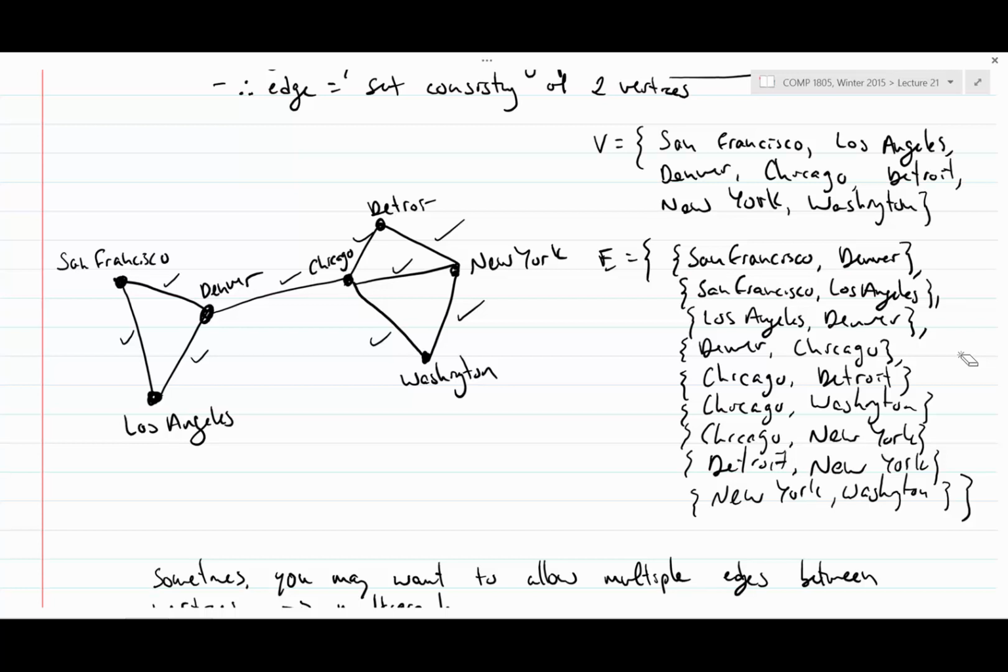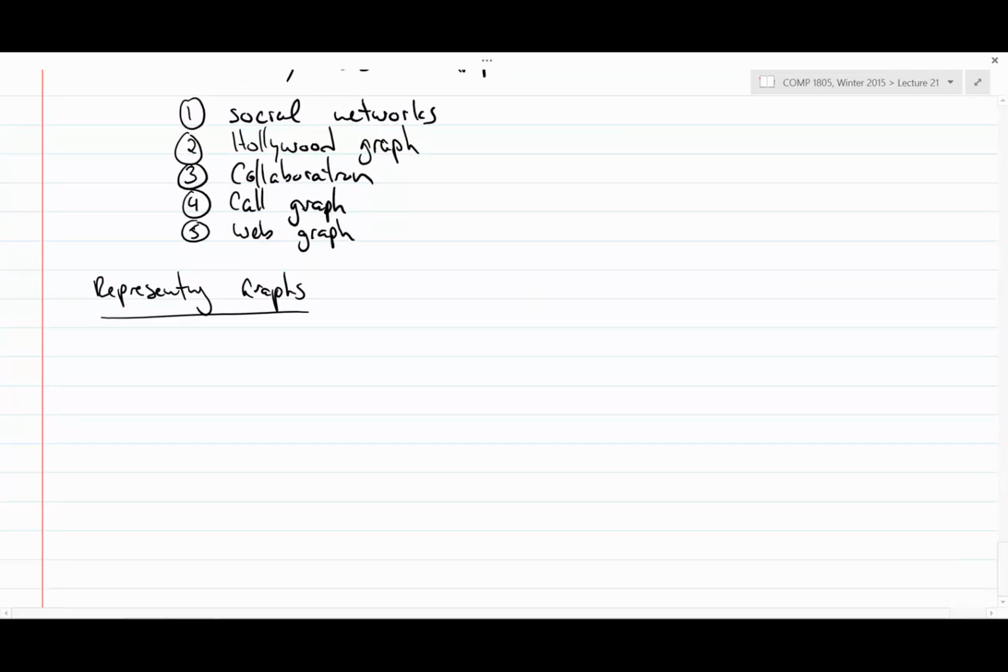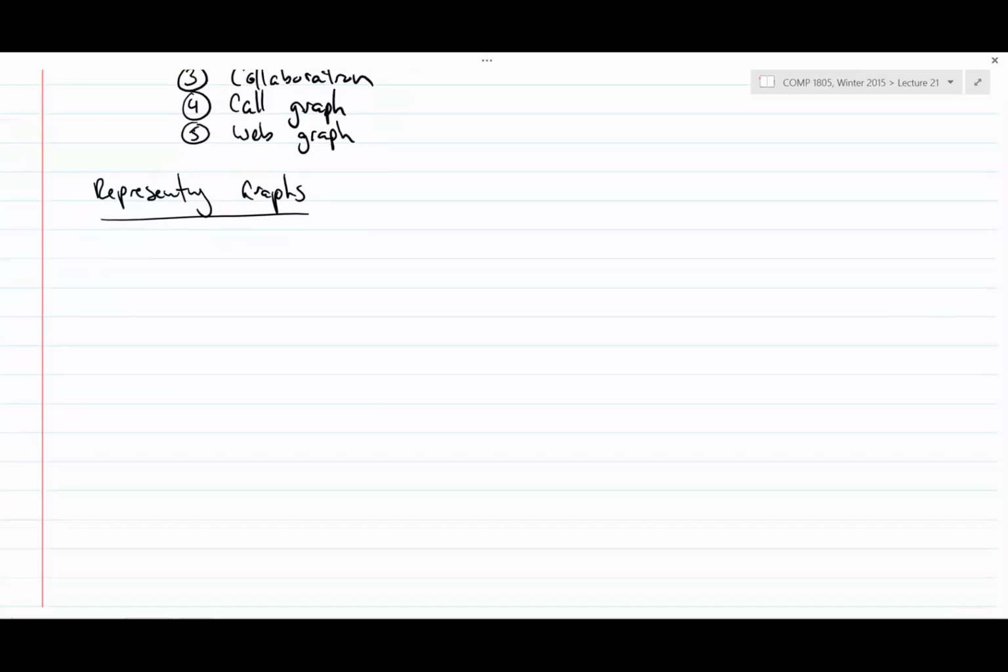It would be nice if we could represent this data in some other way. So I'll show you two other ways you can do this, and in fact there are lots and lots of ways to represent graphs. All right, so here's one, and this is the adjacency list.